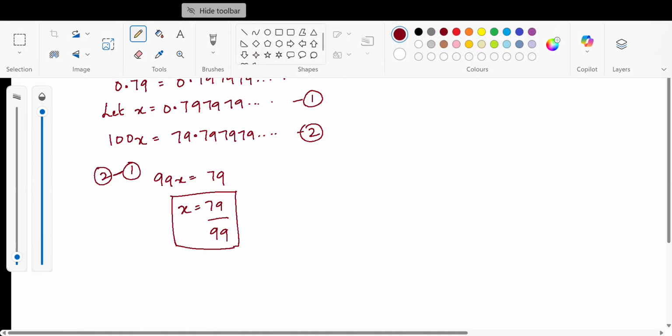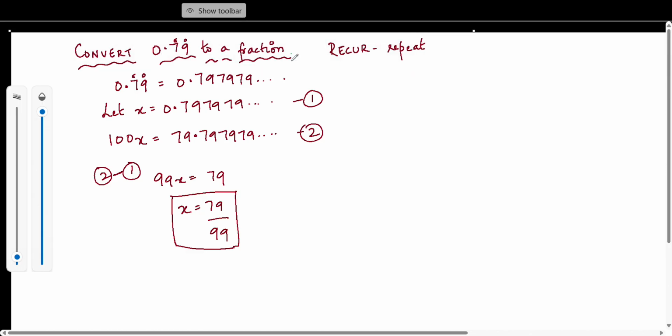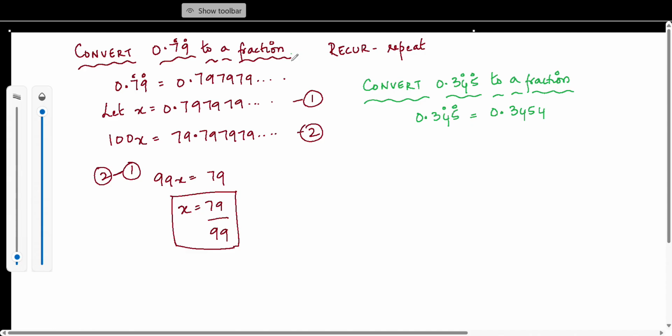Now this was simple because both the number of digits as well as the ones that were repeating were same. How about something like this? So here, this number, you see the dot is above only 4 and 5, which means only those two keep repeating.